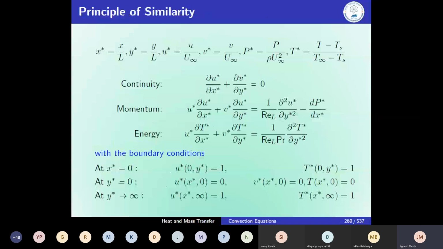Now there is something called the principle of similarity. As you might have noticed, there are many parameters which affect the phenomenon of heat transfer. Now we would like to reduce the number of parameters. If you want to perform experiments, then you can't vary so many parameters, right?